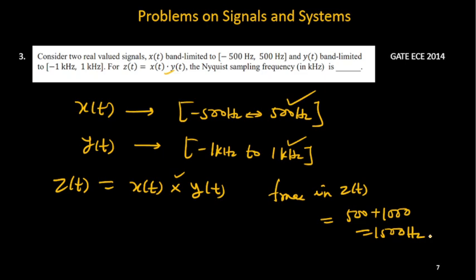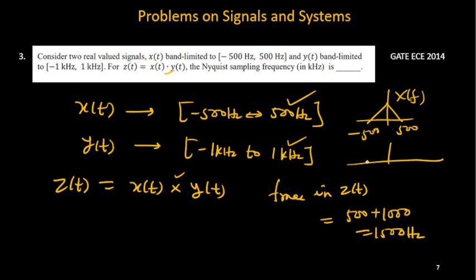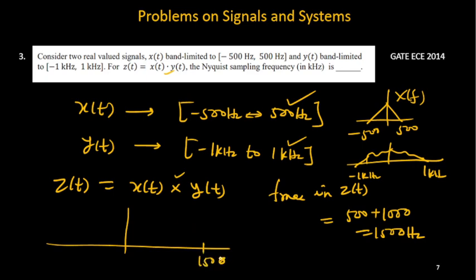It doesn't matter. X(f) can be like this, up to 500 and minus 500, and this could be something different, like this. This is your 1 kHz, this is minus 1 kHz, doesn't matter. After taking the overlap, the convolution of these two, we will have a spectrum up to 1500 Hz.